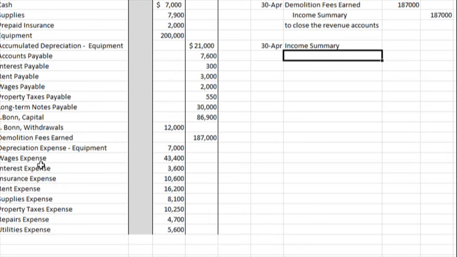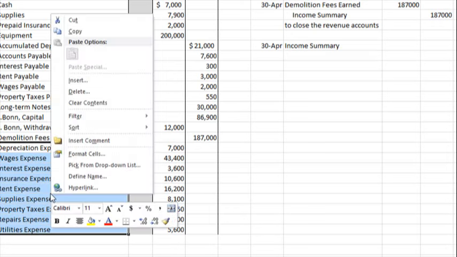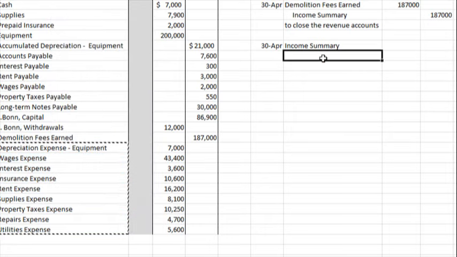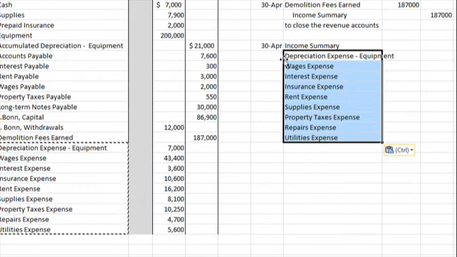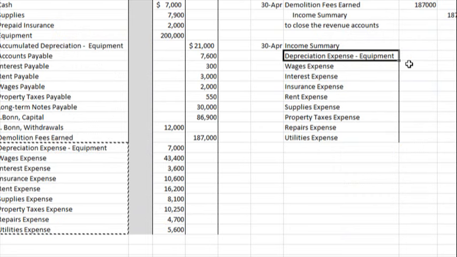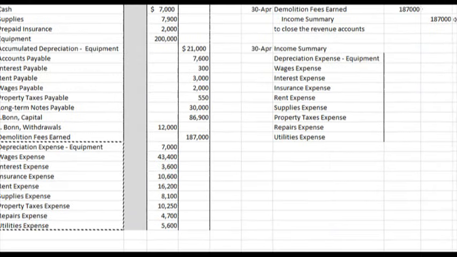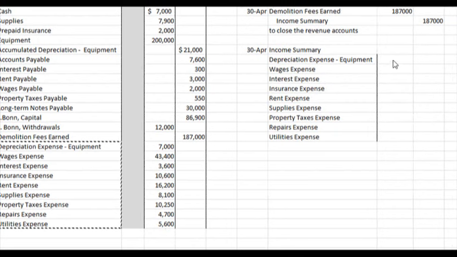So we're just going to take all of these expenses, and we're going to do this the quick way, and they should be indented. Bear with me here, okay? And all of these balances we're going to want to credit in order to make them be zero.